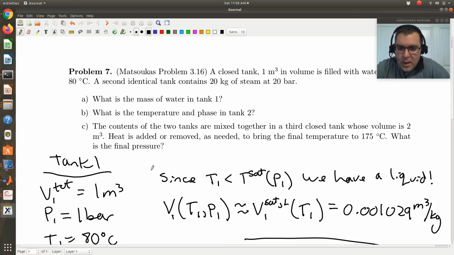So the third tank's volume is equal to the sum of the volumes of the two first tanks.